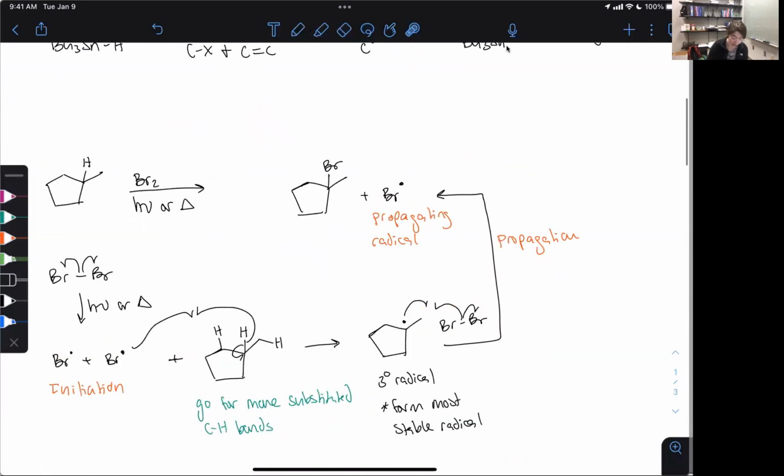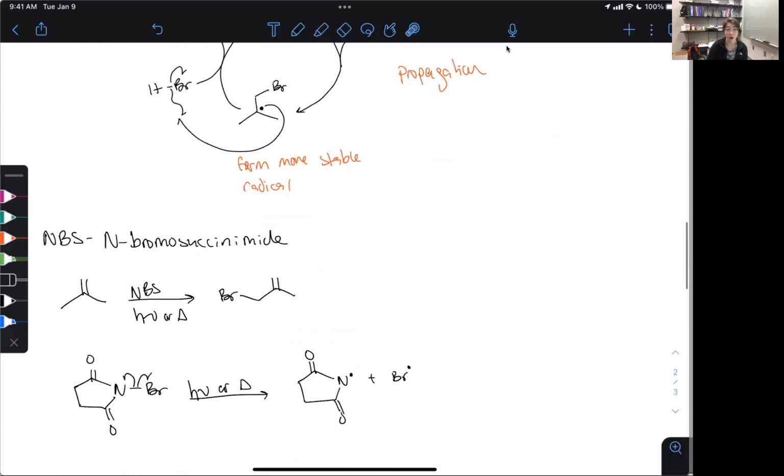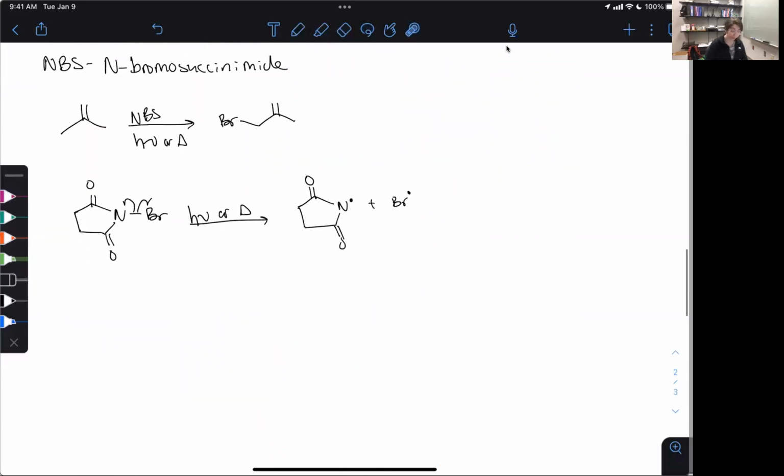And it's kind of a little bit similar to this one as well, where we're just using a CH and getting the carbon bromine out. So it's kind of a combination of the two, and you'll see why as we go through the mechanism here, because there's actually Br2 and HBr involved in this reaction, all through this one reagent of N-bromosuccinimide.